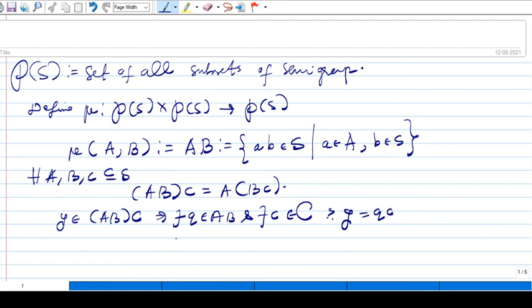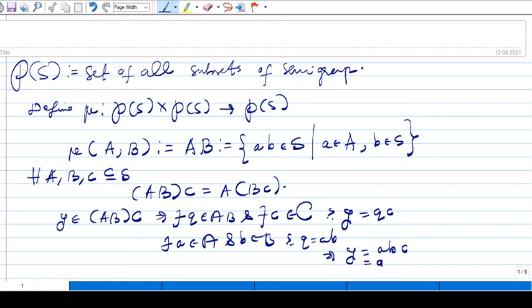But q belongs to AB means there exist a in A and b in B such that q = ab. This implies y = (ab)c. These a, b, c come from the semigroup, so associativity holds.